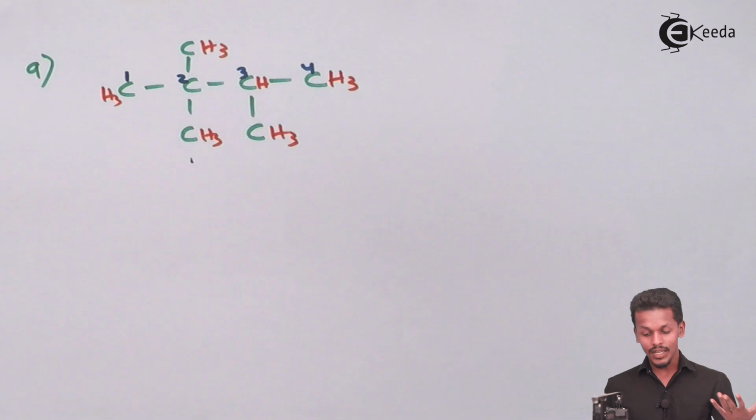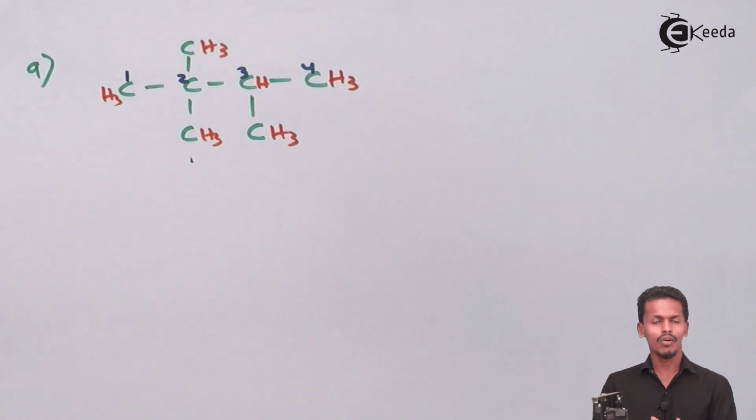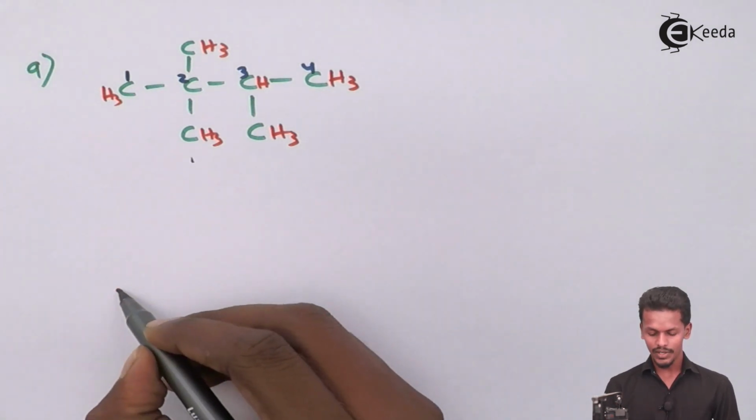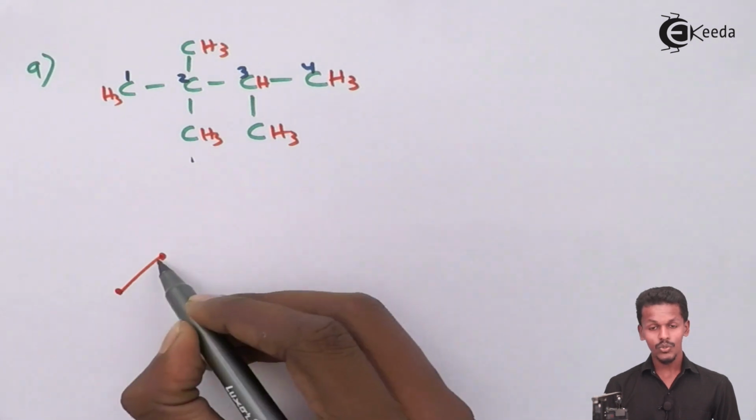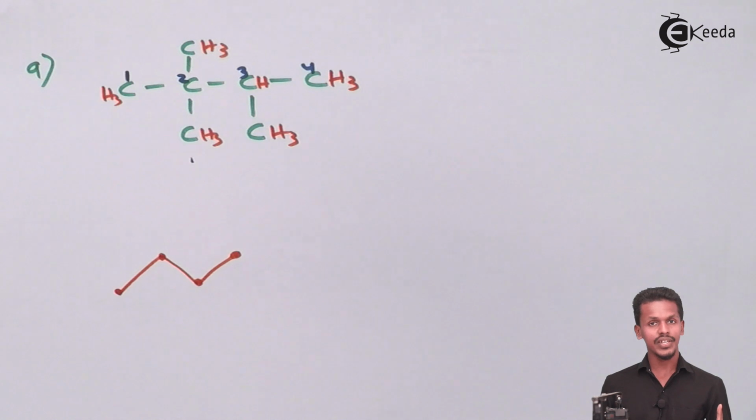Now since we have mentioned the numbers as well as the substituent groups, it would be very easy to draw the bond line formula. In this case, the 4 carbon atoms are attached in a straight line, in the longest continuous form, so I could write it as 1, 2, 3, 4. 4 carbon atoms are in a straight chain, and on the second I could see a methyl group.